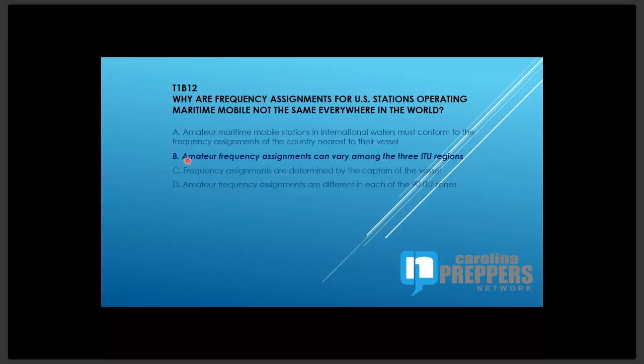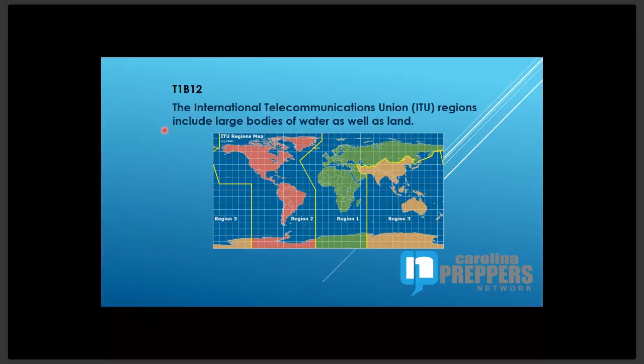I know that's really confusing. Let me move on here. The reason regions matter is because the regions cover the bodies of water as well, not just the land. So you have to take that into consideration, just like you would if you were on land.